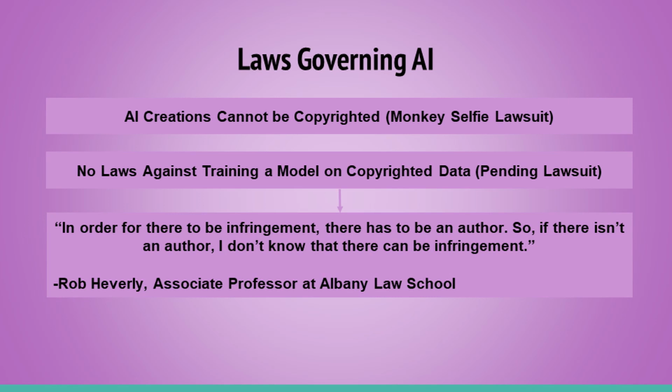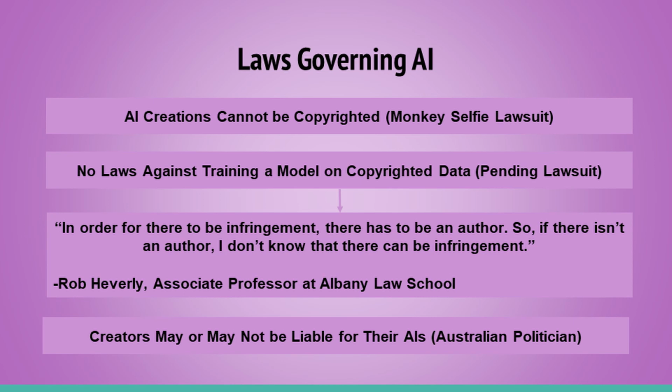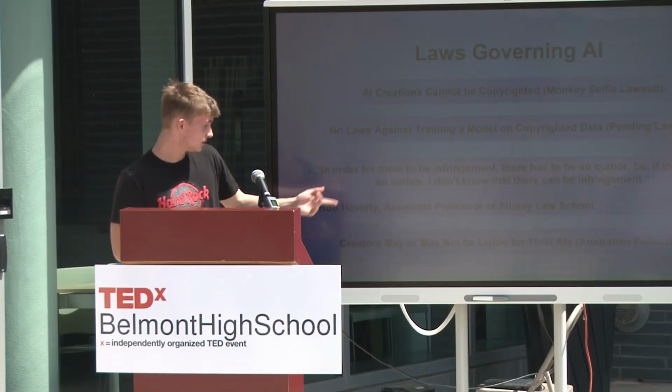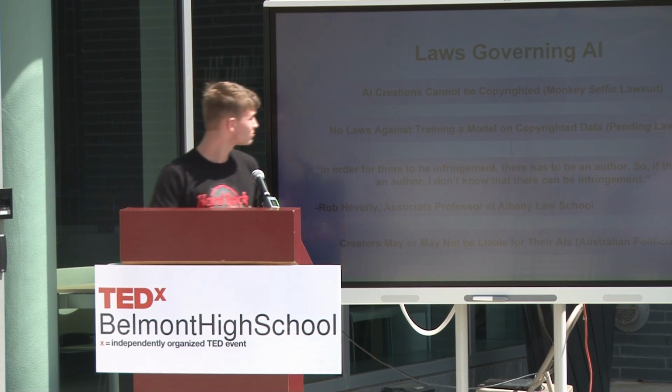Your model is, and your model's not human, so it's not technically illegal. This is according to a professor at Albany Law School. And models may be liable for what they produce. An Australian politician got libeled by ChatGPT, and now he's suing them. It'll be interesting to see what happens there.